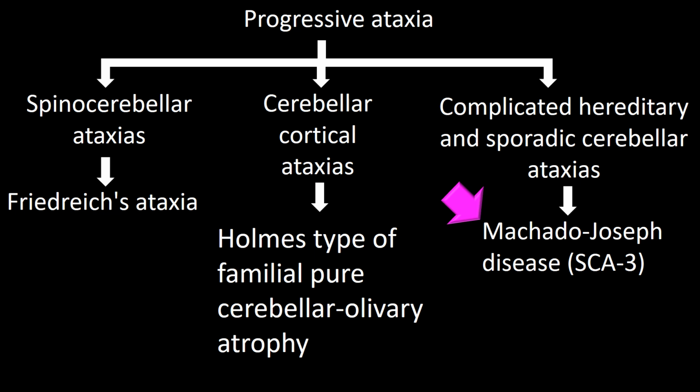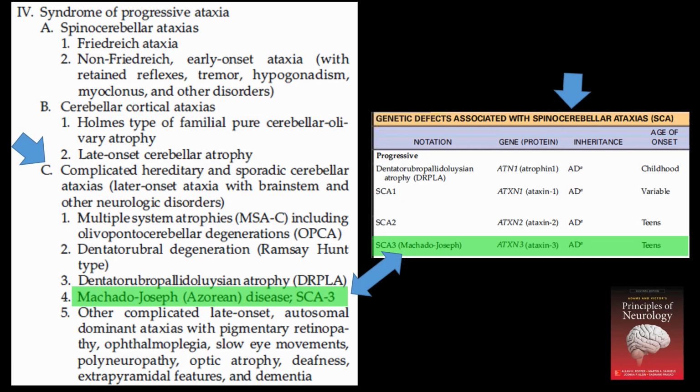Machado-Joseph disease, although still classified in this group, as we have just mentioned, is also classified in the spinocerebellar ataxia group, as you can see in this frame. Machado-Joseph disease or spinocerebellar ataxia number 3 is an autosomal dominant condition.